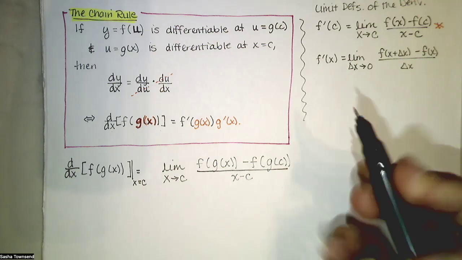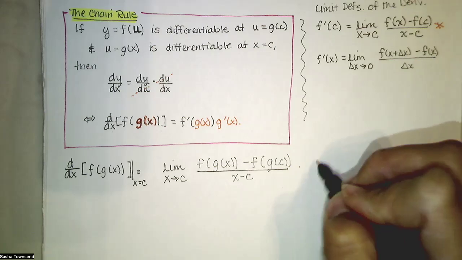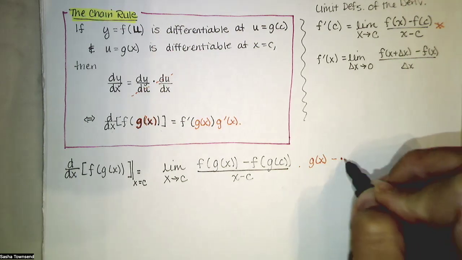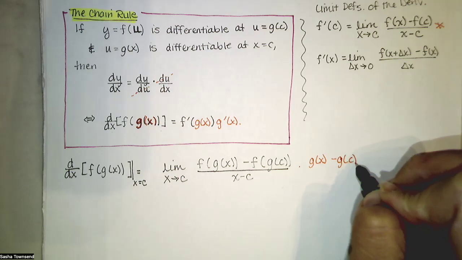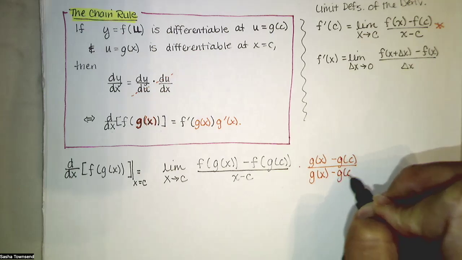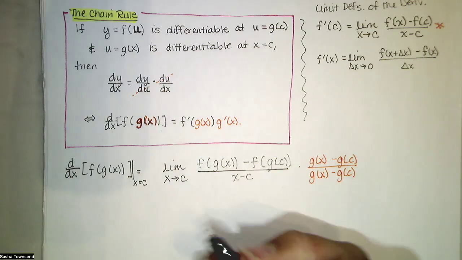If we take this expression and we multiply by g of x minus g of c, divided by g of x minus g of c, then we get this expression.